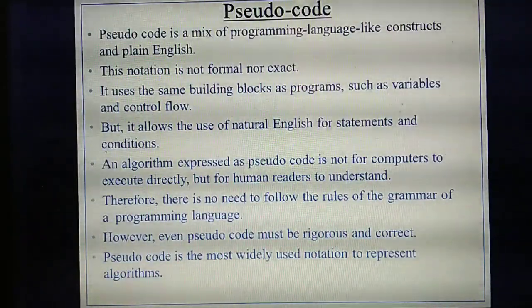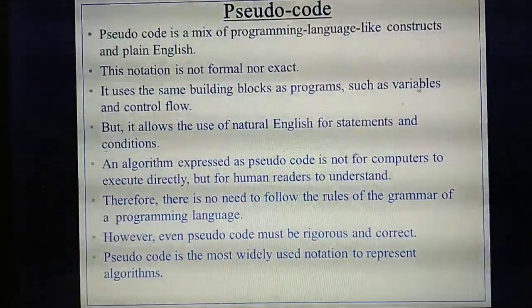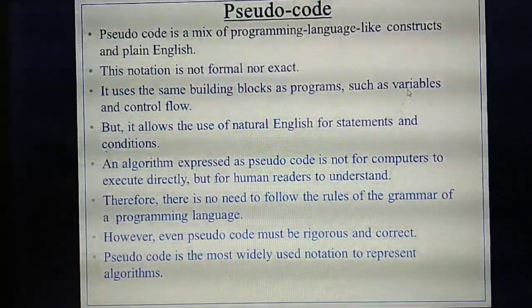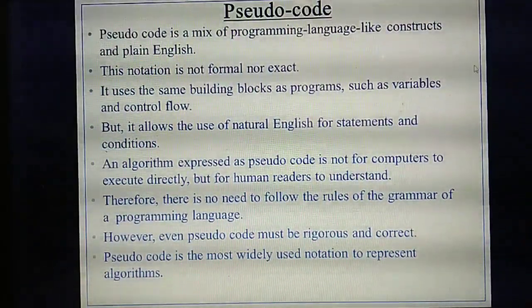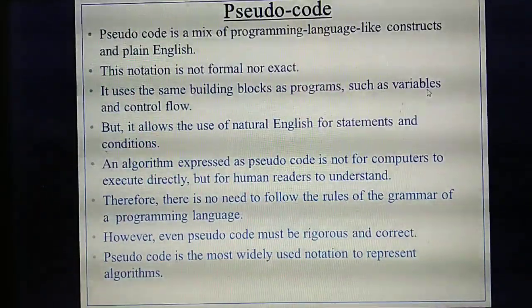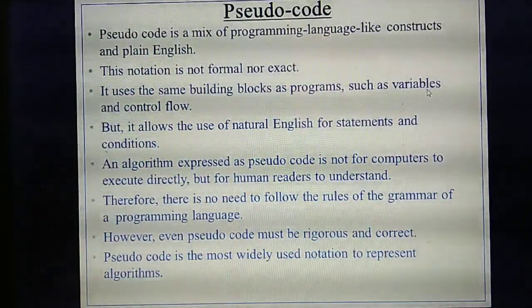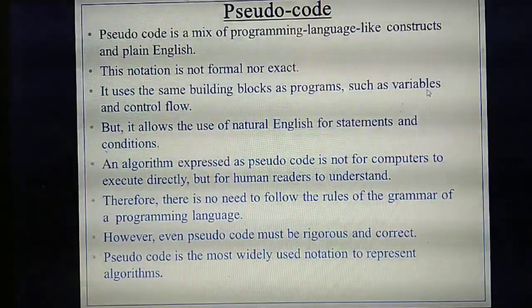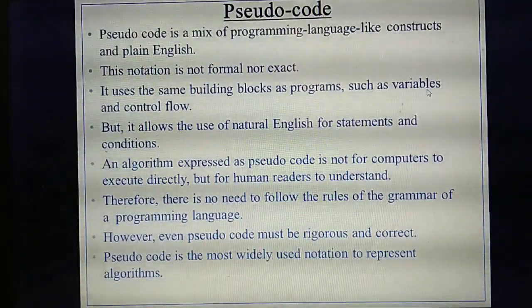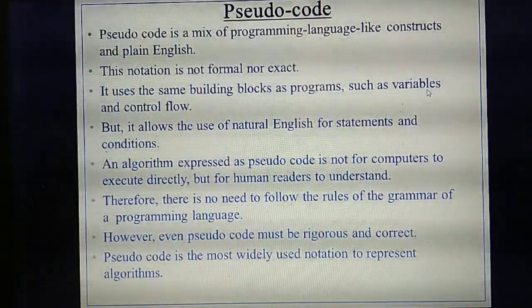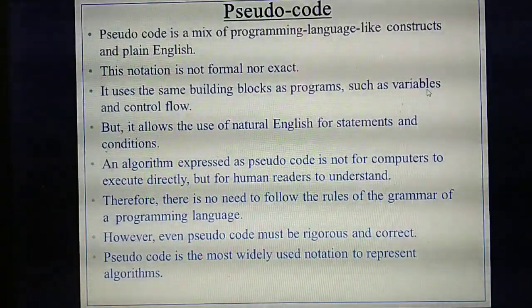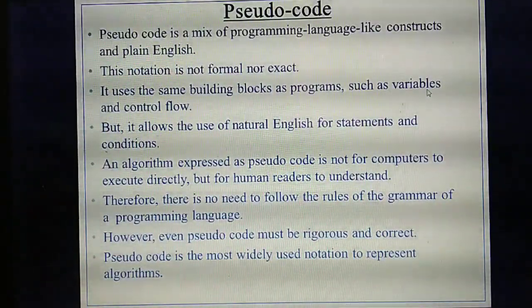In pseudocode you can use variables in programs, and you can give inputs as variables. Last chapter we studied variables. What do you mean by variables? Variables are named boxes to store values. A equal to 5: A is a variable to store the value 5.